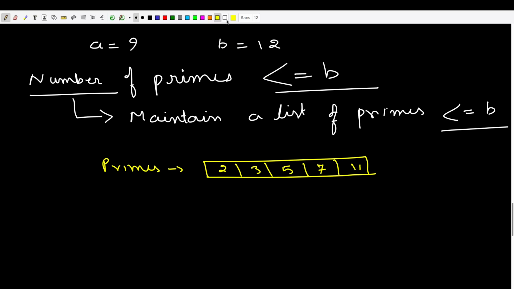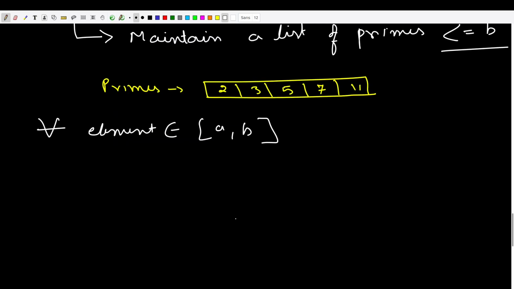Okay, so once we have this, what we are going to do is, for all elements in the set A to B, A and B inclusive. So for the first case, A is 9, so the element will be equal to 9, right?